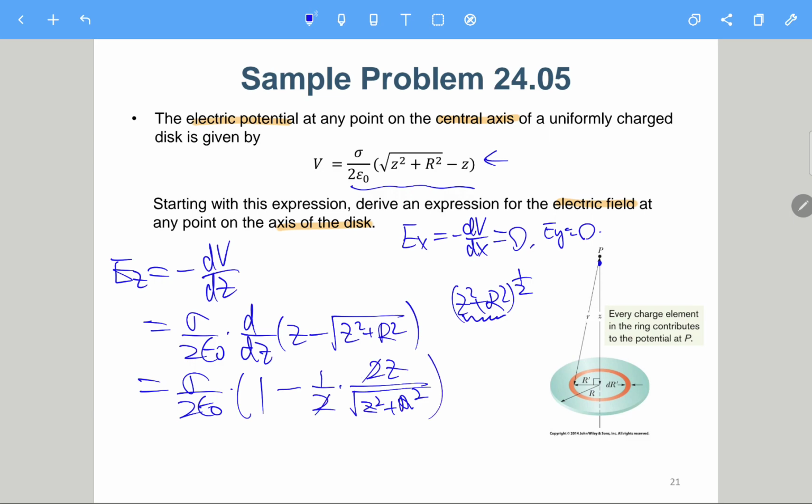So 2 and 2 cancel. So it turns out to be sigma over 2 epsilon naught times 1 minus z over the square root of z squared plus R squared.